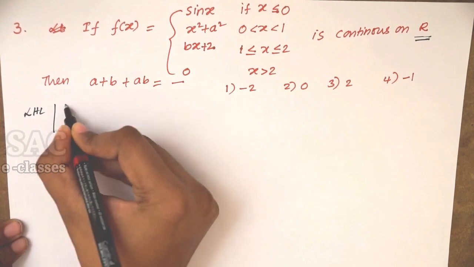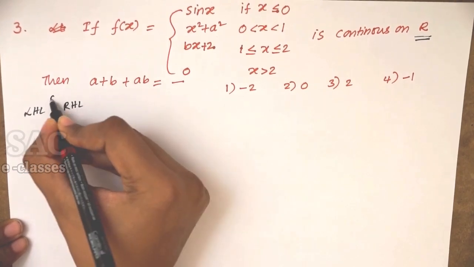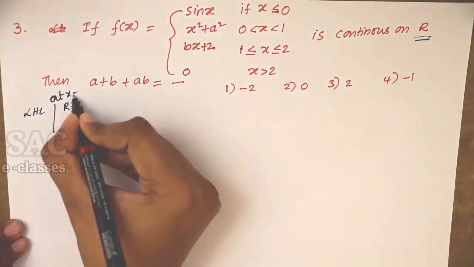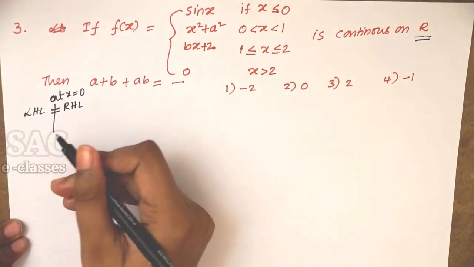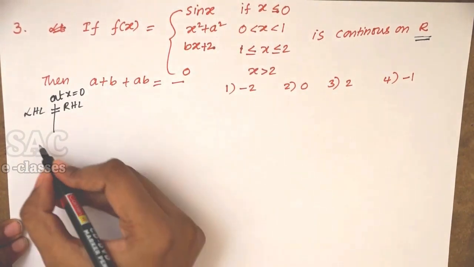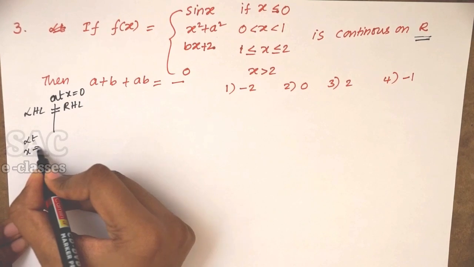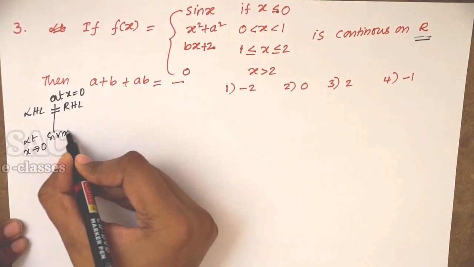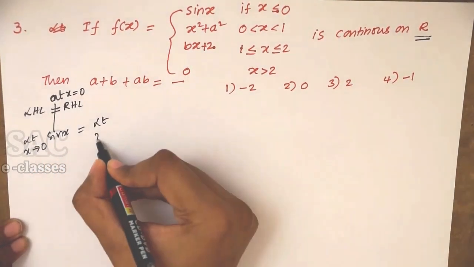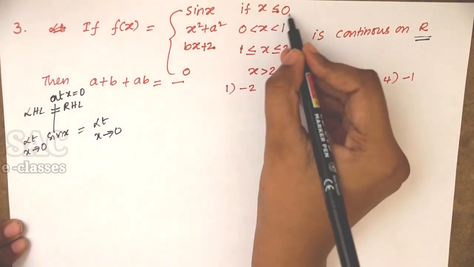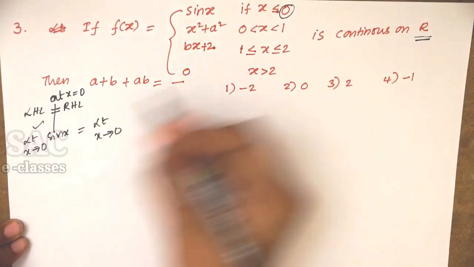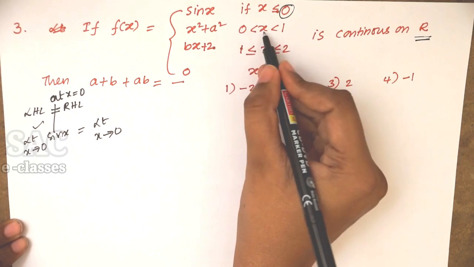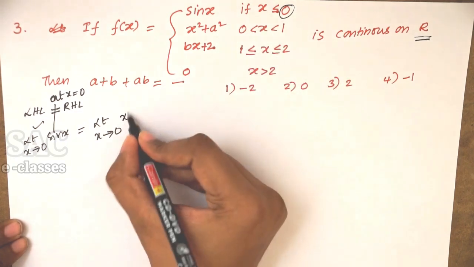LHL as well as RHL at x equal to 0 will both be equal, as the reason is it is continuous. So limit x tends to 0 sin x is equal to limit x tends to 0. This is less than 0, that's why I wrote left hand side. It is slightly more than 0, that's why I have written here.